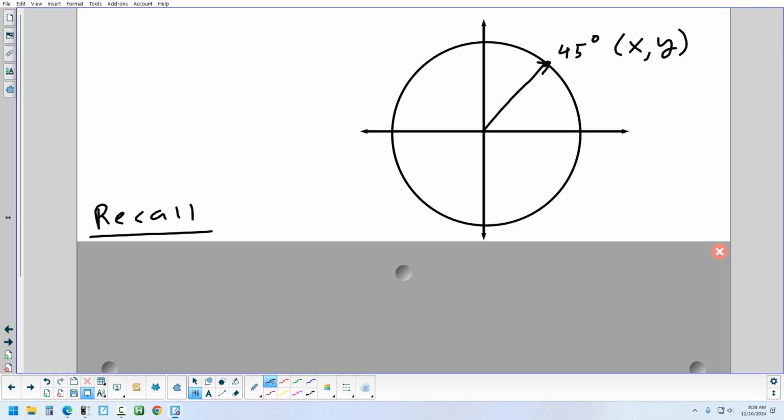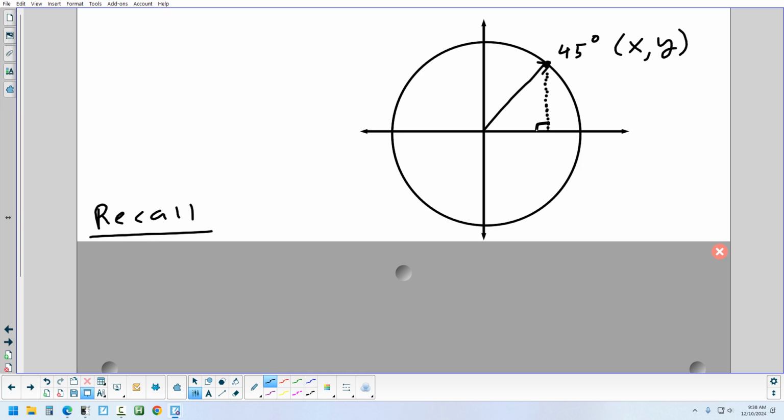What I generally do is think of it as a triangle. That black ray is your hypotenuse. Draw a dotted line straight down and make a 90. What kind of triangle did I just draw right there? Right, it is a right triangle.